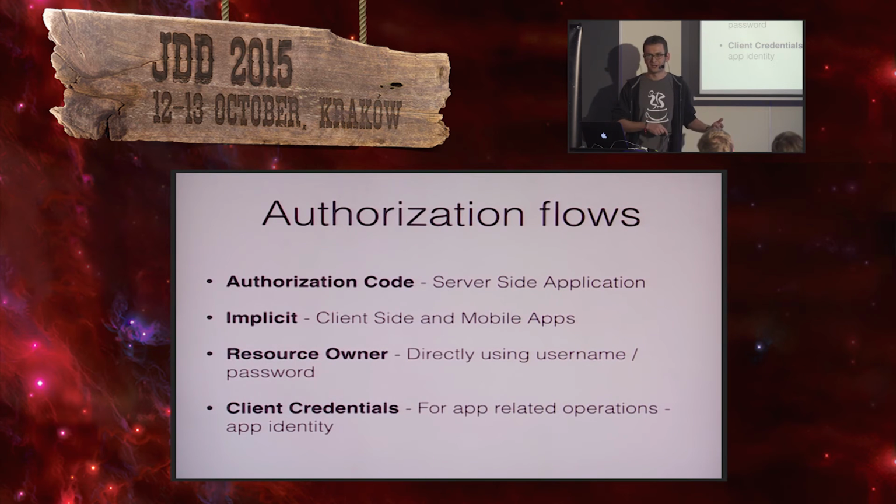So we have server-side applications with authorization code flow, client-side and mobile with implicit flow. Resource owner, so you as a resource owner can just exchange your credentials for a token. Or the application also can have identity, and it can obtain a token for itself. So this is the fourth one.